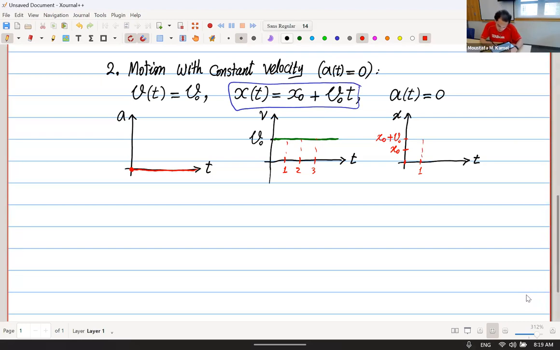So this is a new value here. Then at t equal 2, we are sitting at x naught plus 2 v naught, right? So this is another point. If we connect the dots, we get a straight line.